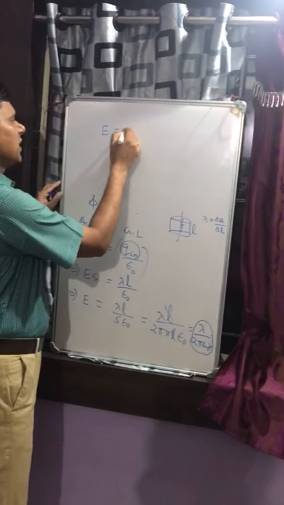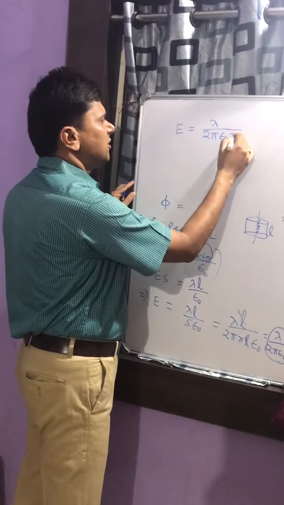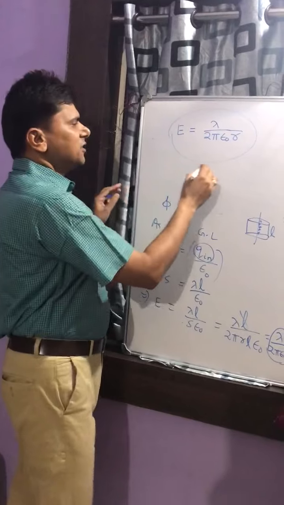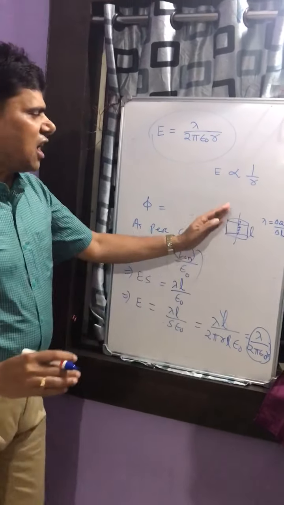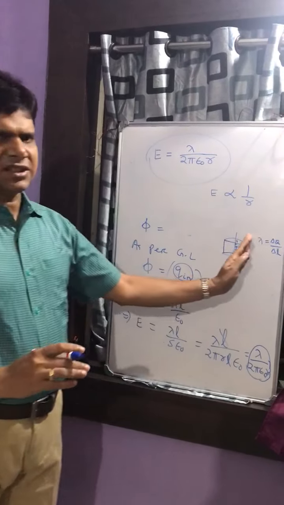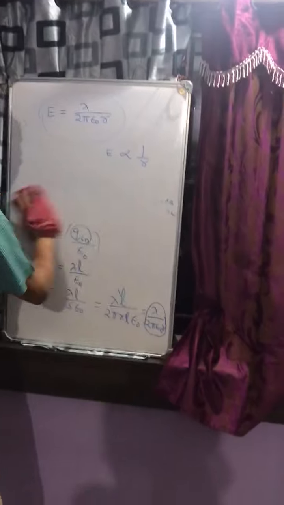One R is there in the denominator, so it is inversely proportional to R. That means as we go away from this charge distribution, the electric field will decrease.